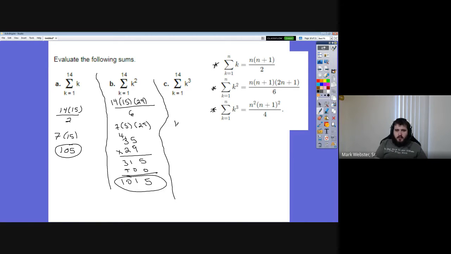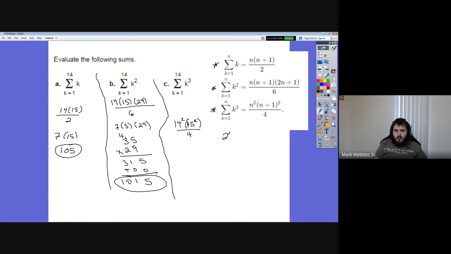So I'm going to do 14 squared times 15 squared over 4. 15 squared is 225. Yeah, 225. And then 14 squared divided by 4. The 2's are all going to cancel out, so we're going to end up with 49.